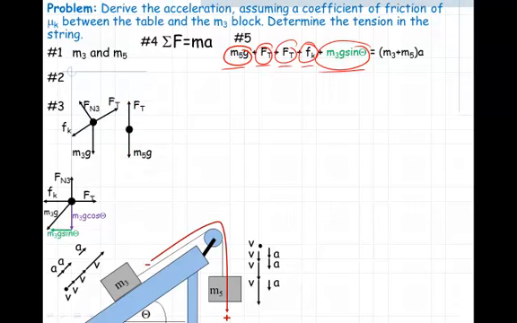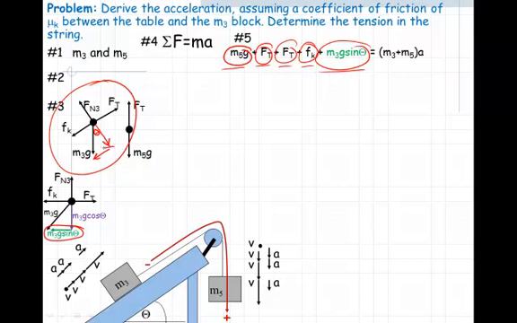Right now, I'd like to take some time to point out why M3G sine theta is along the line of action. Before we rotated our M3 block, if we had kept our force diagram the way it was, we would have the cosine component of M3G pointing in that direction and the sine component of M3G pointing in that direction.